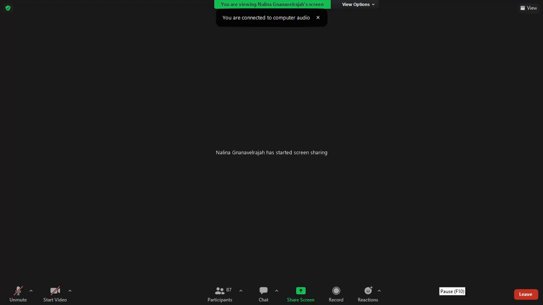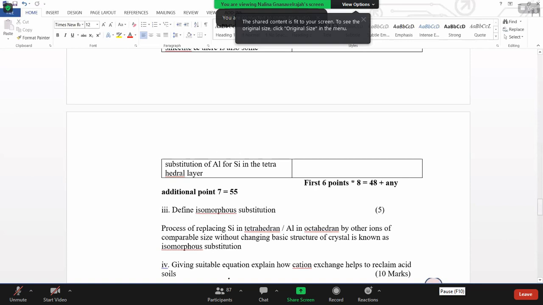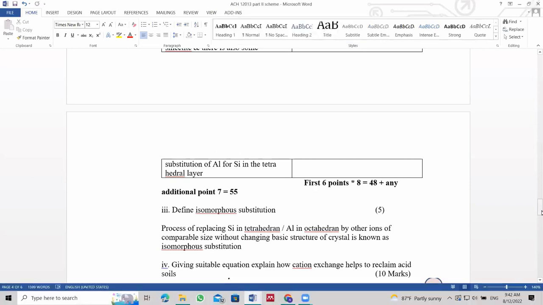To reclaim acid soils. So can anyone tell the example? Cation exchange helps to reclaim acid soil. So to reclaim acid soil, what do we apply? In the uses of cation exchange reactions, you studied this: reclaim acid soil or reclaim alkaline soils.